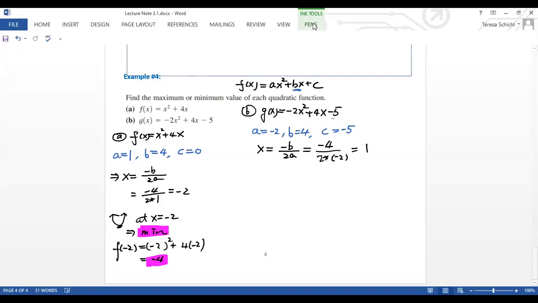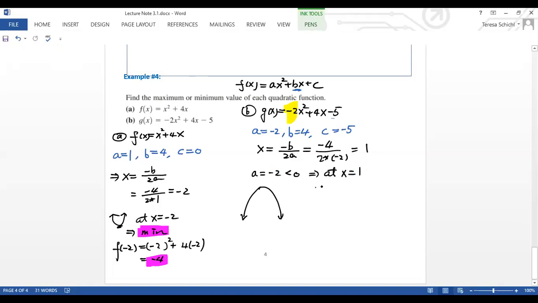Look here, the a is negative 2, which is a negative number. Because a is negative, what is my graph going to do? My graph is going to open downward. If I open downward, then at x equal to 1, do I have a maxima or minima?